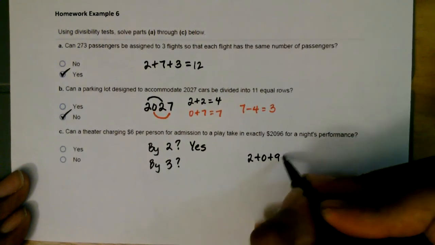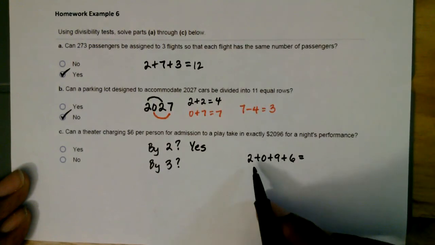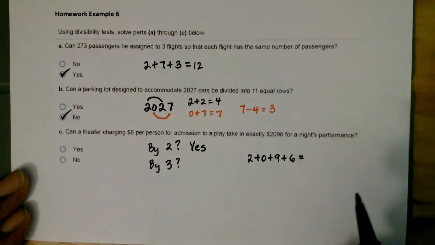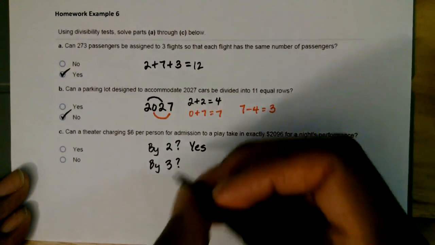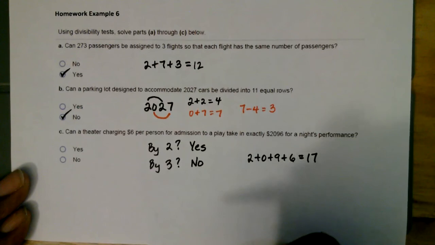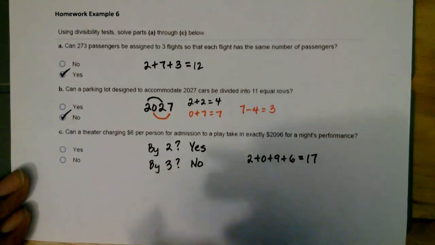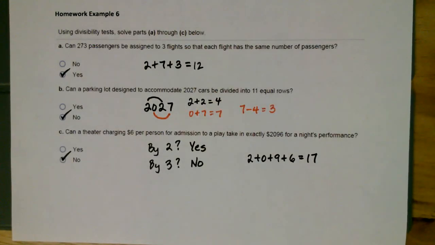Here we need to take the sum of the digits in 2,096. So here 2 plus 0, that's 2 plus 9, that's 11. 11 plus 6 is 17. Is 17 divisible by 3? No, it isn't. For it to be divisible by 6, it must be divisible by both 2 and 3. So in this case, that answer will be no. A theater charging $6 per person for admission to a play cannot take in exactly $2,096 for a night's performance.